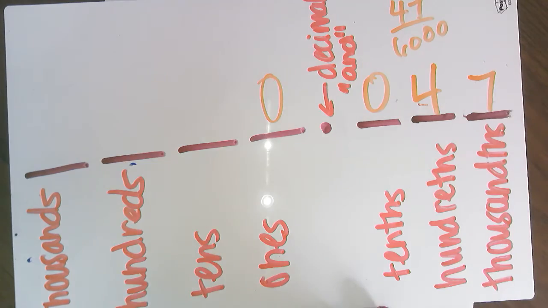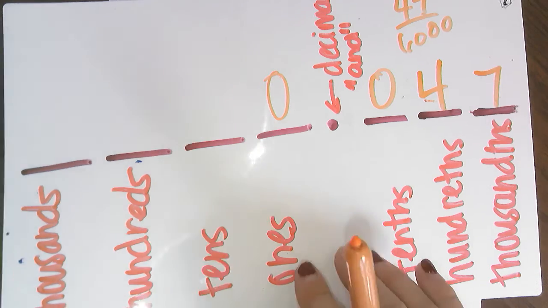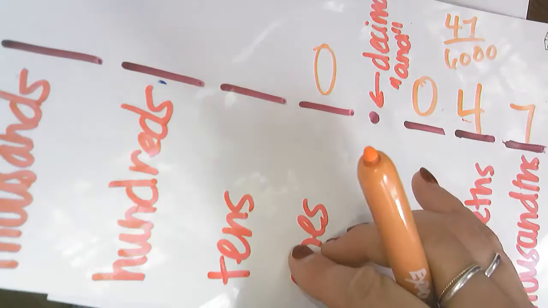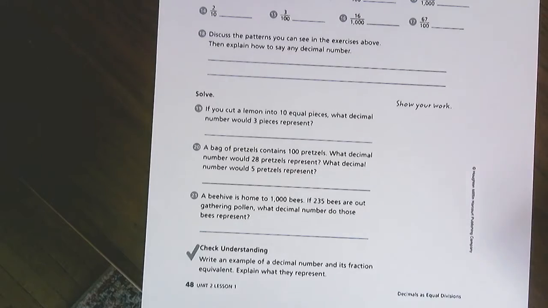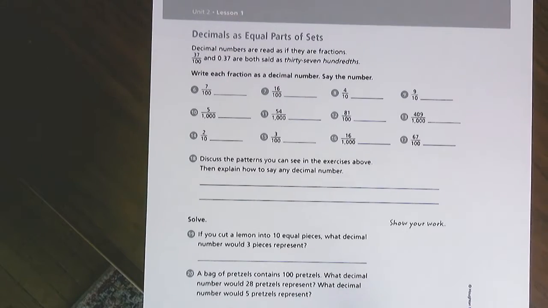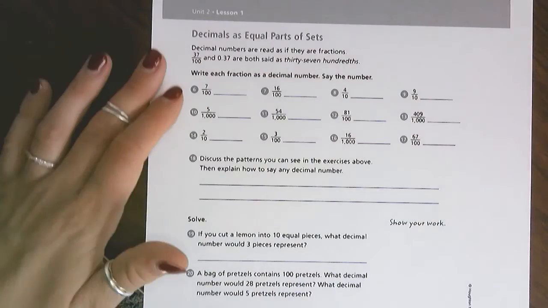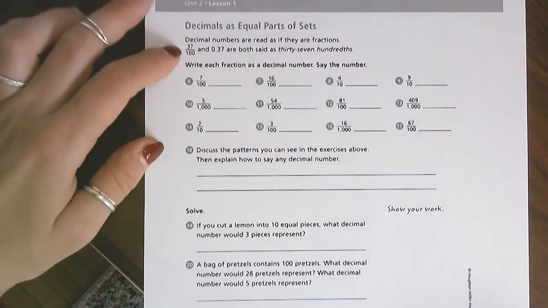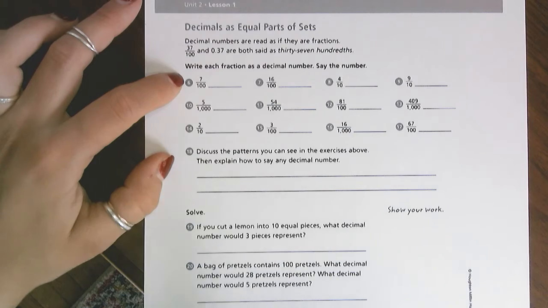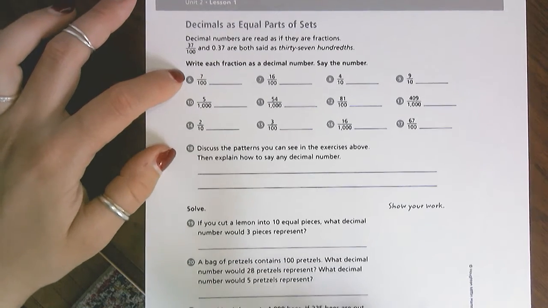So your job today is to complete your worksheet that is attached. I attached both the sheet that I just went over, this one, and I attached this sheet. You just need to do numbers 6 through 21 on this sheet.